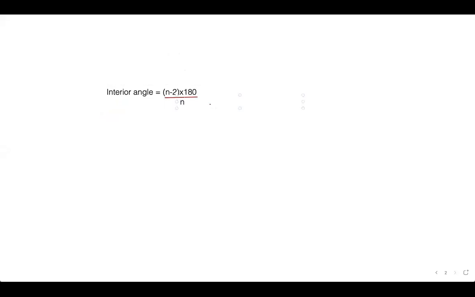Do you use that? No, because that's not what the question is asking for. They gave us the value of the interior angle. Yes, they told us it was 162, and they want us to find n.